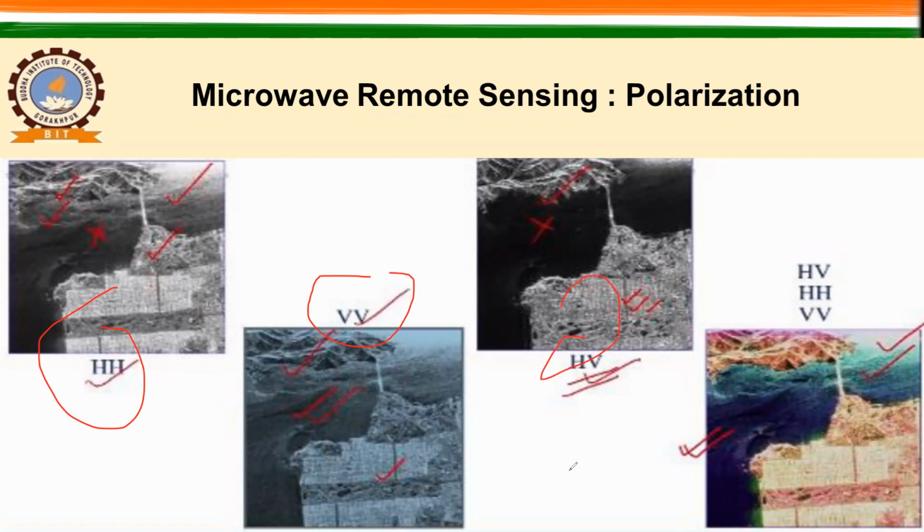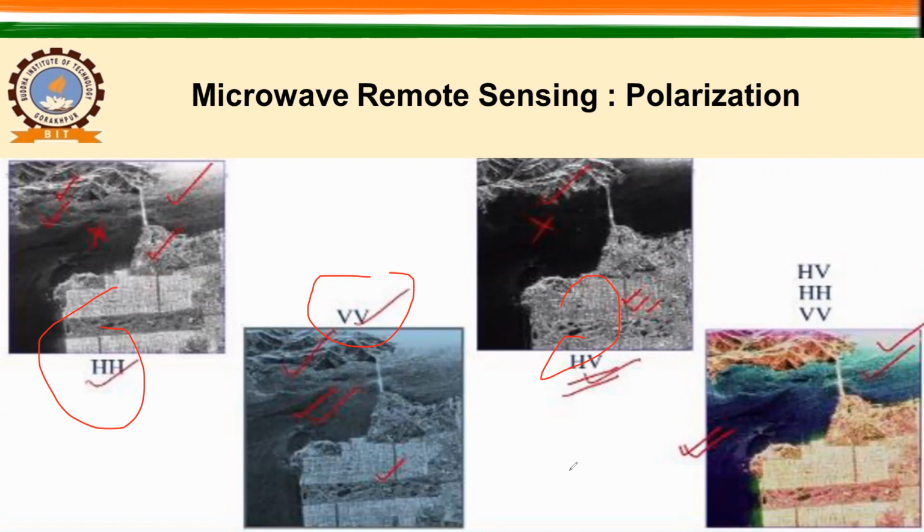So you can see all the three images, and can you find out the difference or some additional information which you are getting in different polarization? So here if you get this HH, this particular area is actually better than the others, right? If you see VV, you can see this particular area, this is your water body.